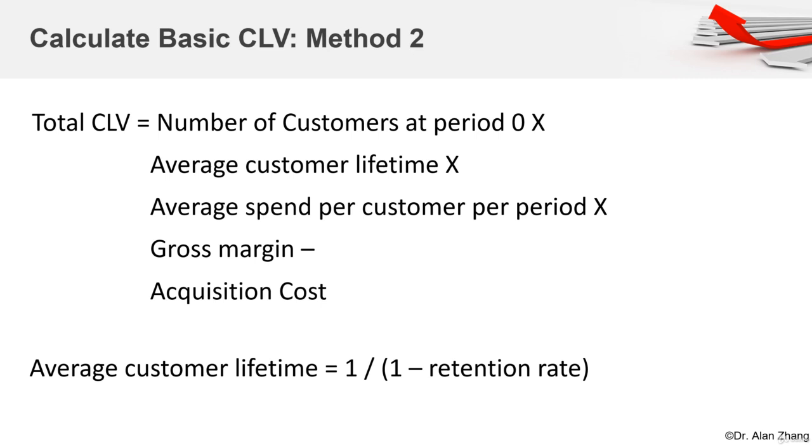Alright, to conclude this section, let me summarize it. So far, I've talked about basic and advanced definition of customer lifetime value. I've compared CLV with PCV and talked about the forward-looking nature of CLV. I've also covered the 6 components of CLV and provided you with 2 methods to calculate CLV using the basic definition.